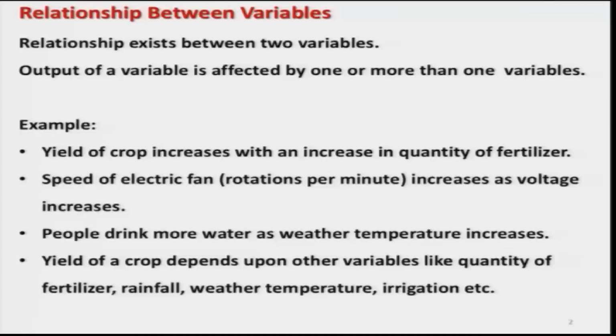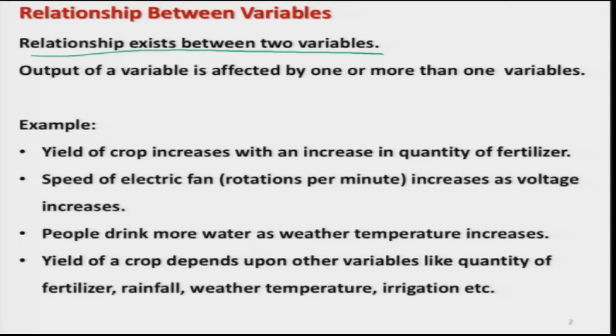So, now I have given you two situations where the outcome is going to be dependent on one variable and on more than one variable. Now, how to handle this situation, this is what we are going to understand in this lecture. We assume that a relationship exists between two variables, or this can be generalized to a relationship between a variable and more than one variables, that we will see later on.